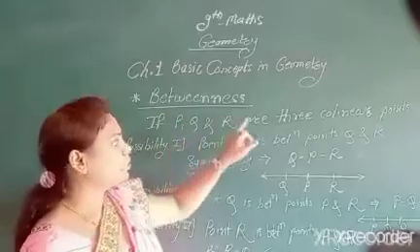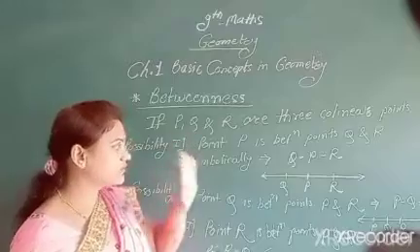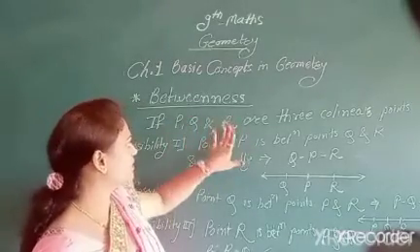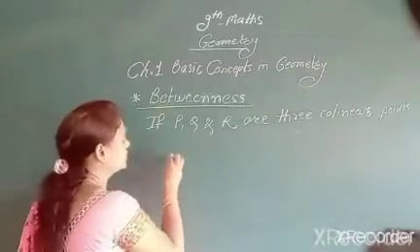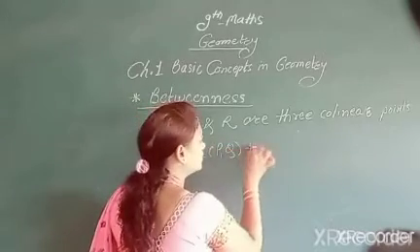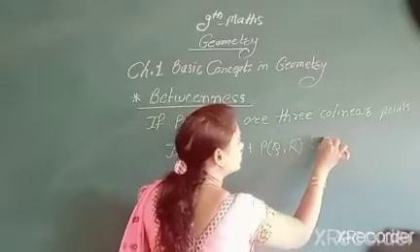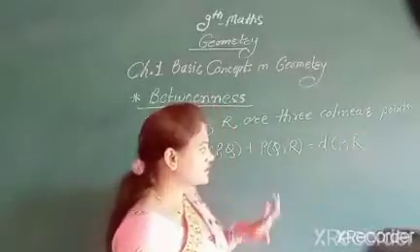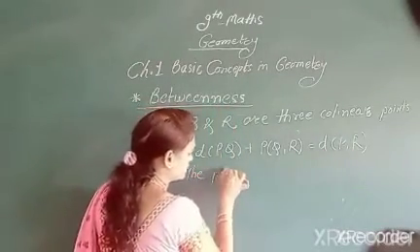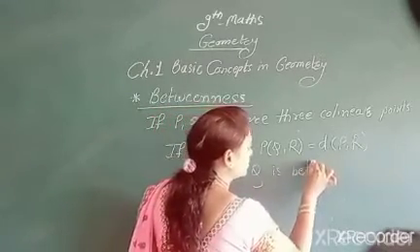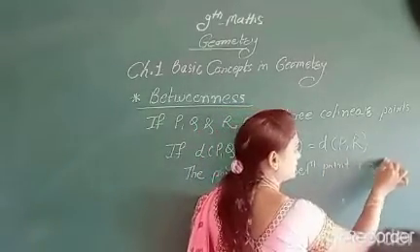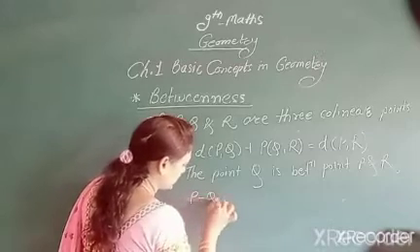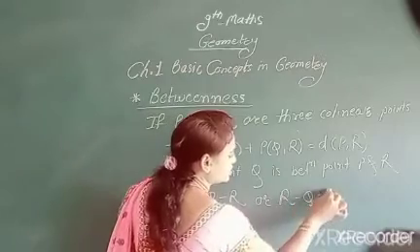Here P, Q, R are 3 collinear points. Then there are the possibilities: first, P is between Q and R; second, Q is between P and R; and third, R is between P and Q. If distance PQ plus distance QR is equal to distance PR, then it is said that point Q is between points P and R. That means Q lies between P and R. So it is shown as P-Q-R or R-Q-P.